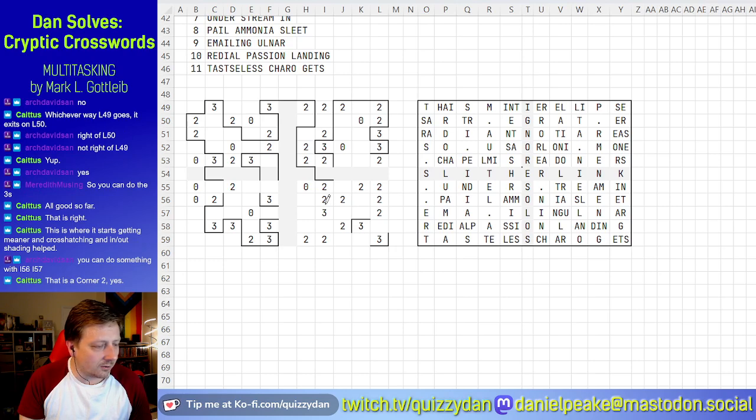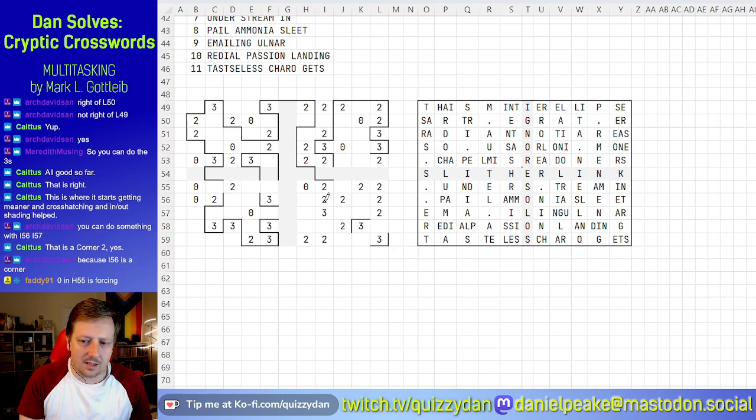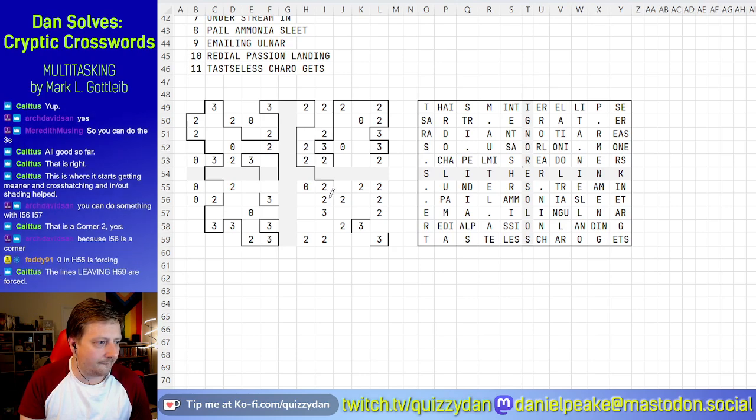I-56, I-57, okay. So this, because I-56 is a corner. Okay. The lines leaving 0 is H55 forcing. So it can't go there. Can't go there.